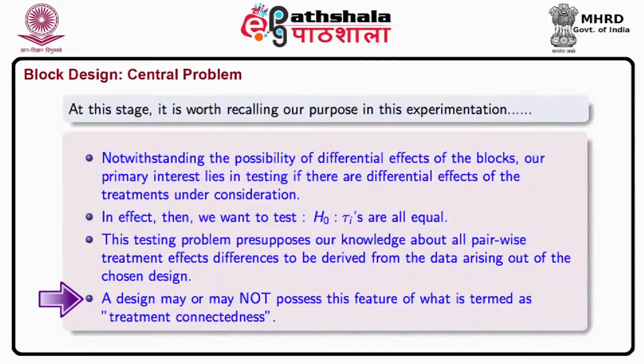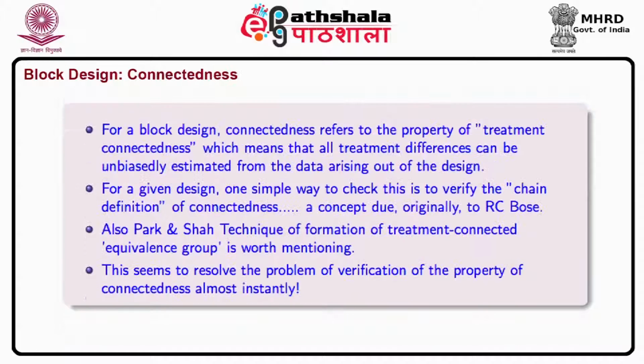A design may or may not possess this feature of what is termed treatment connectedness. For a block design, connectedness refers to the property of treatment connectedness, which means that all treatment differences can be unbiasedly estimated from the data arising out of the design.